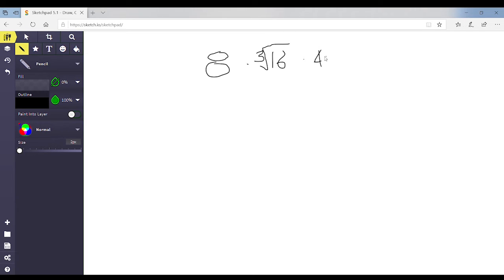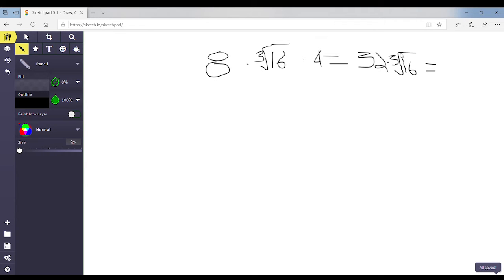We know this is going to be equal to, what's 4 times 8? That's 32. We're putting the 4 and the 8 together to make 32, times the cube root of 16.